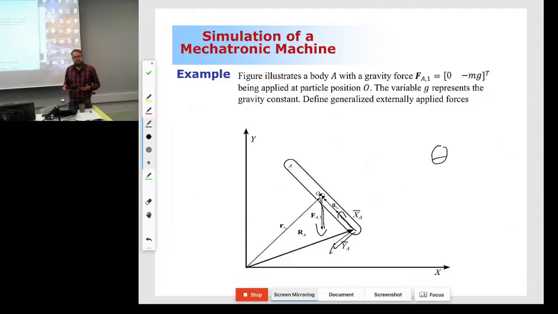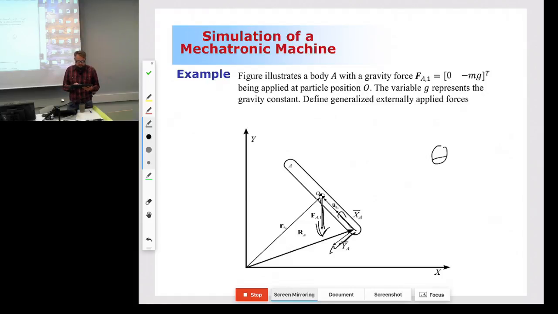Non-zero. Because the force is not applied at the origin of the body reference coordinate system. It is applied at the center of mass of the system, but that's not where the body reference coordinate system is located. So this is to try to confuse you a little bit. Okay, so let's make it happen.